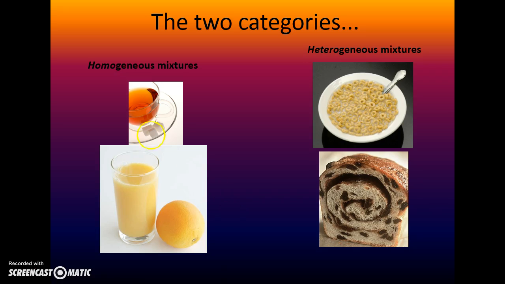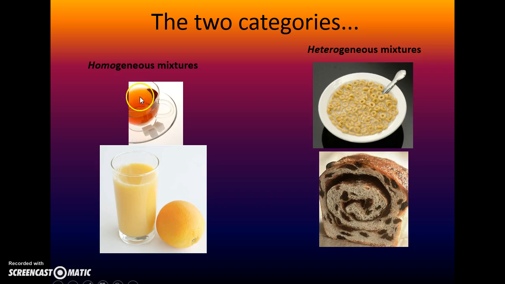Here we are. The first category we call homogeneous mixtures, as in homo meaning one. You can only see one visible phase, one liquid phase. So even though we know that in these liquids there's a mixture of many things, it is not a pure substance, but only one phase appears.